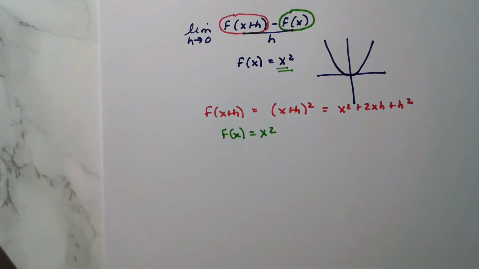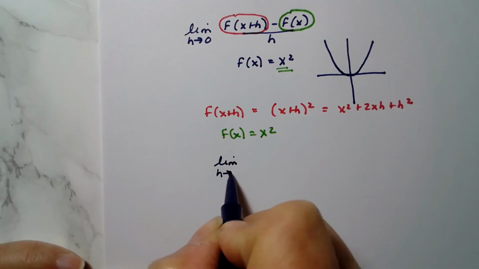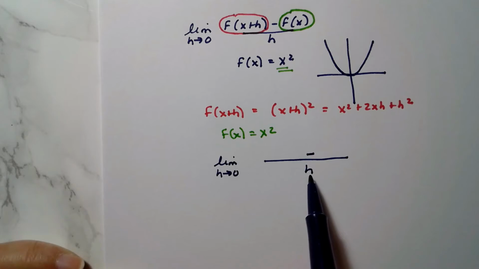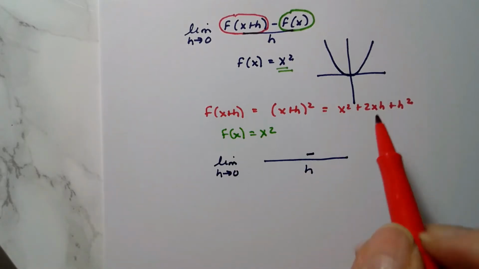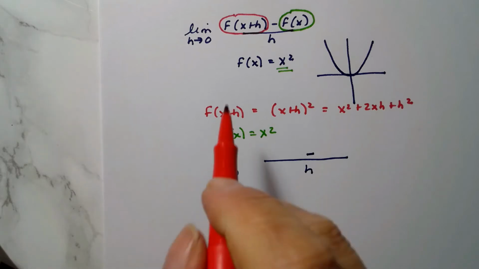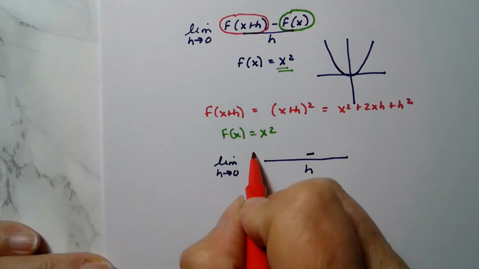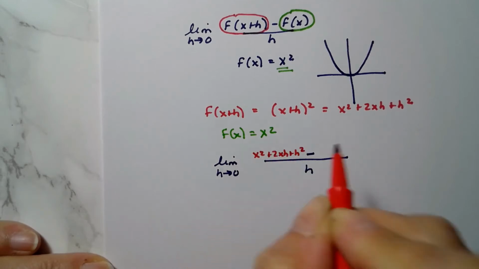So using the same idea, I'm going to say the limit as h approaches 0. Now, again, this minus sign is fixed and that h is fixed. On the left side of the minus sign, I'm going to replace this with what f of x plus h is, which is x squared plus 2xh plus h squared.